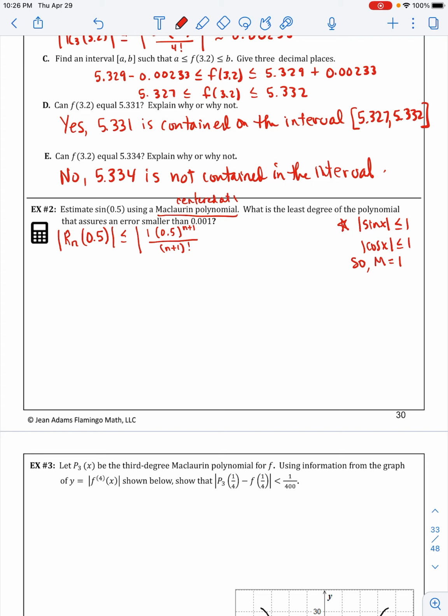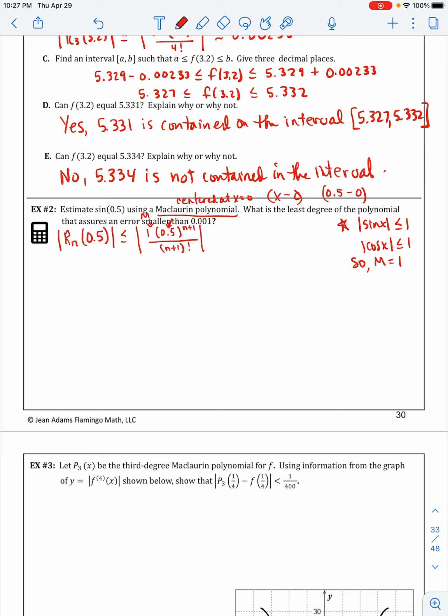divided by, because this is our Maclaurin, so that is centered at x equals 0. So our x minus c is going to be 0.5 minus 0, because our center, our c, is 0. So that x minus c is what I have right here.